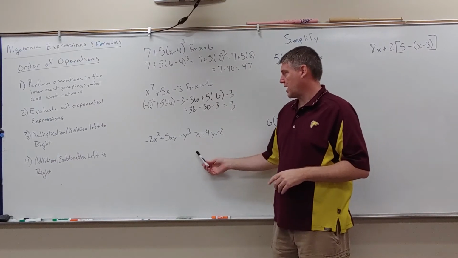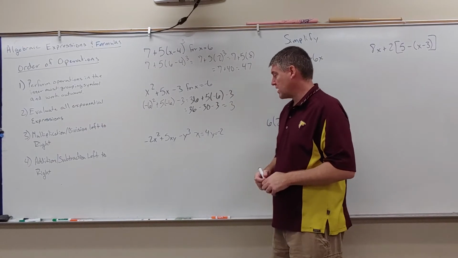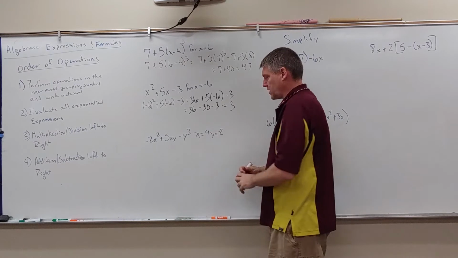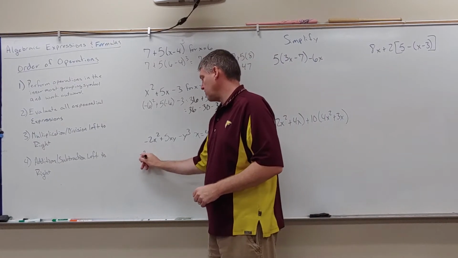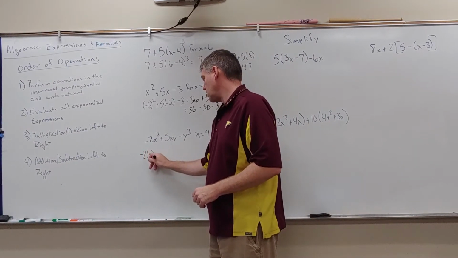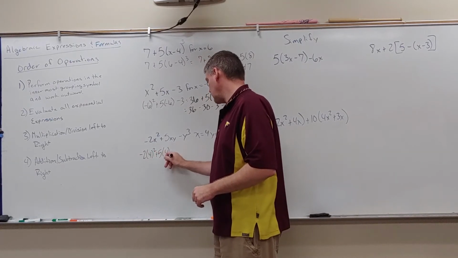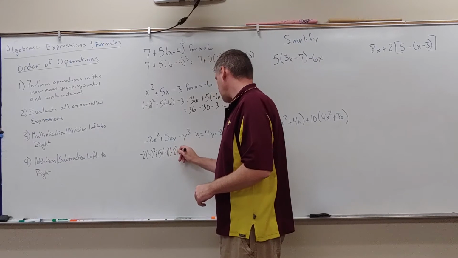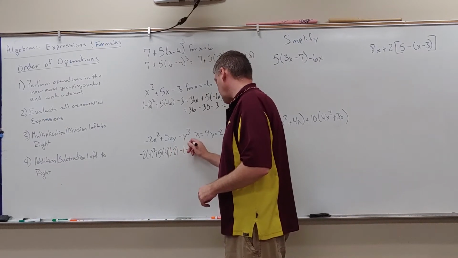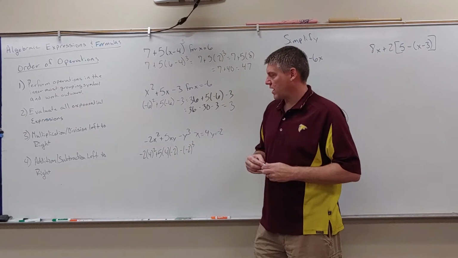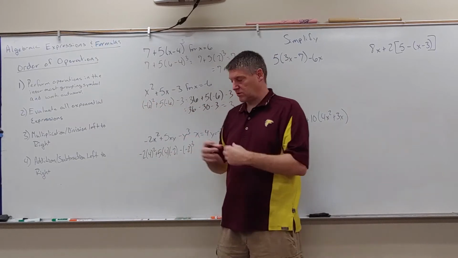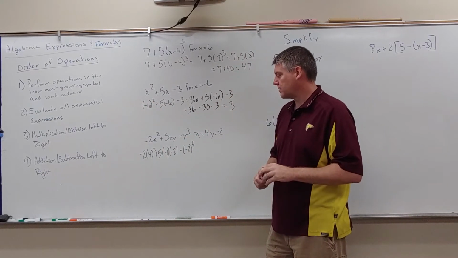Now my next one, I have values for x and y. So now I have to plug these in accordingly. So I have -2 times 4 squared plus 5 times 4 times -2 minus (-2) cubed. I don't have really any grouping symbols that kind of group numbers together.